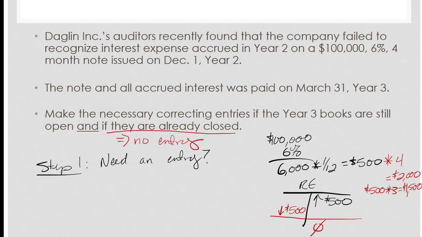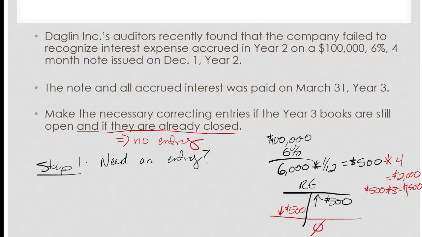As we did our example last time, we looked at Daglin's error, missing interest expense. And we said that if the year 3 books are closed, this counterbalancing error will have fixed itself, because I would have recognized net income that was too high in year 2 because I missed interest expense, and then net income that was too low in year 3 because I recognized that interest expense from year 2 in year 3.